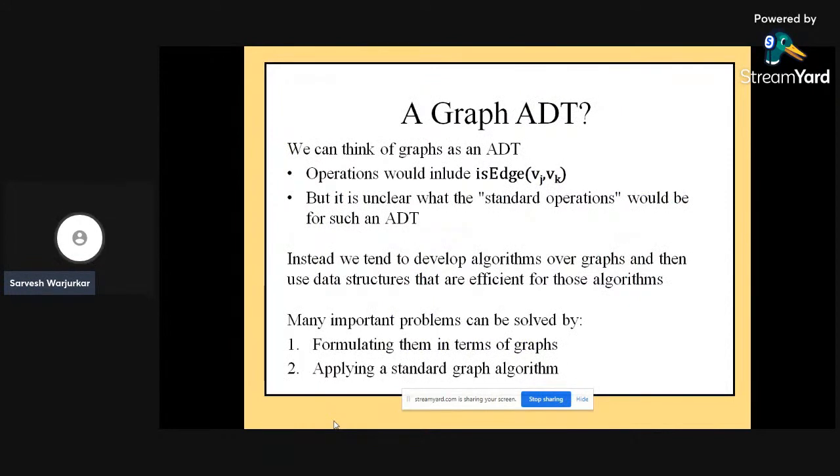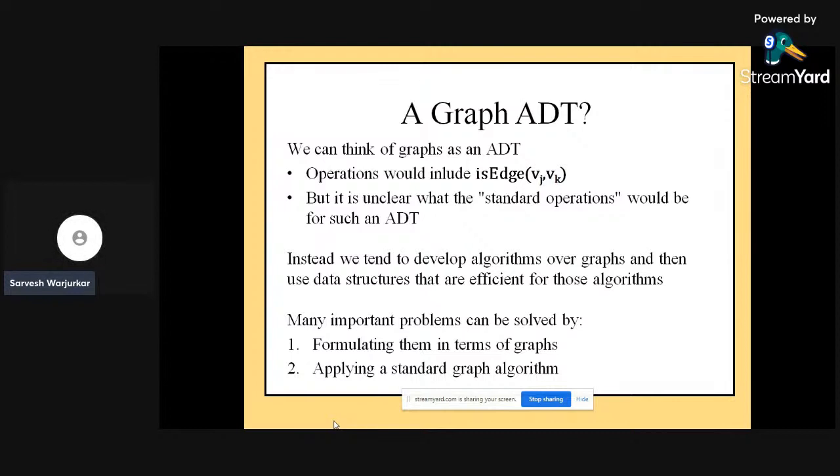Next, we can think of the graph as an abstract data type first, where operations would include edge(Vj, Vk), but it is unclear what standard operations there would be for such an ADT. Instead, we tend to develop algorithms over graphs, and then use data structures that are efficient for those algorithms.